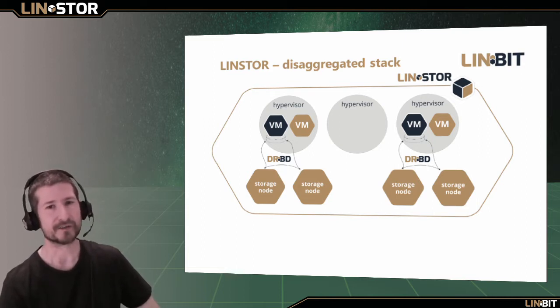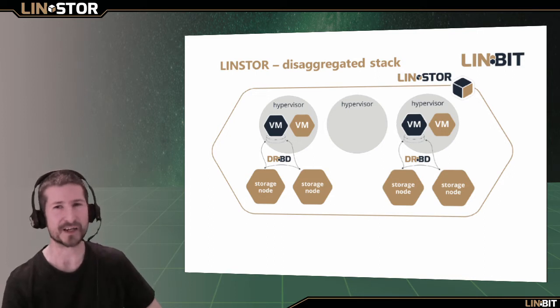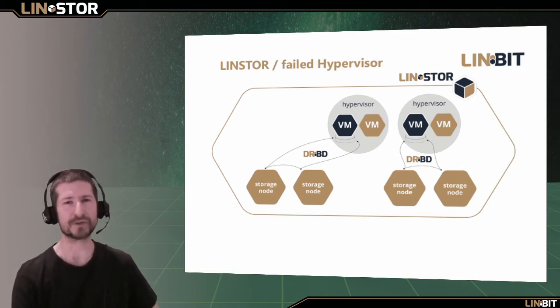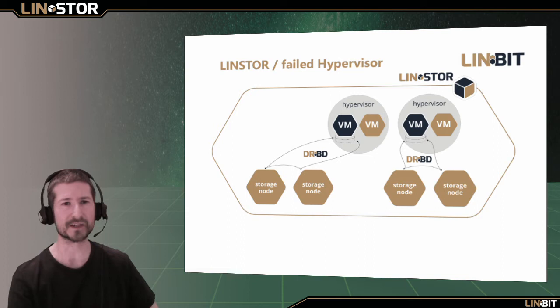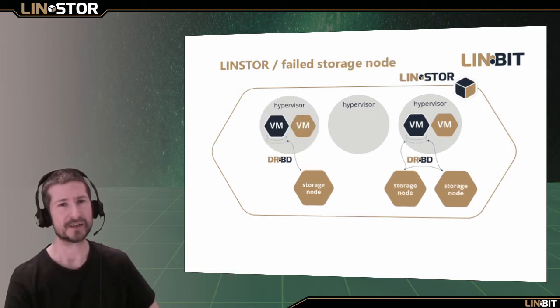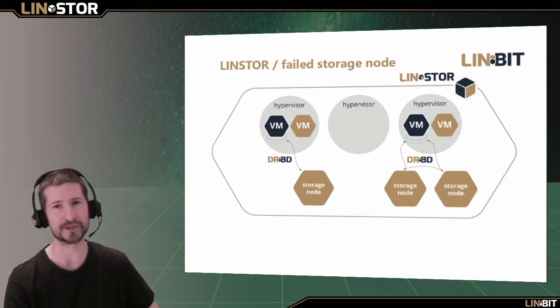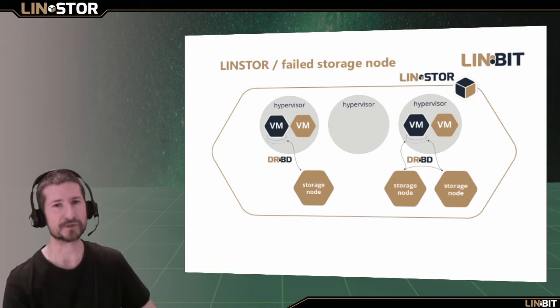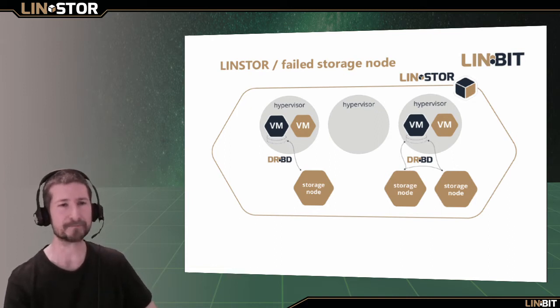So you can think of it as working similar to iSCSI. Whenever a workload moves to another node, LINSTOR creates a DRBD client on the node where the workload is being moved to. If a storage node fails, that failure is transparent to the hypervisor or container or whatever application you're running. The DRBD client simply accesses one of the storage nodes that are still online.